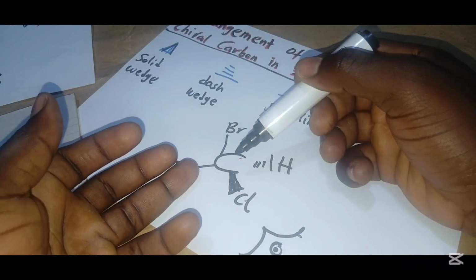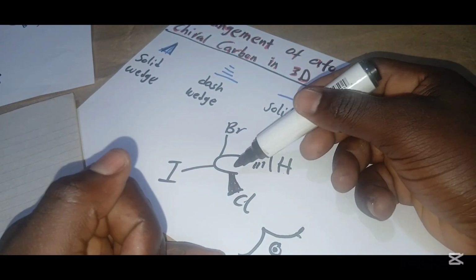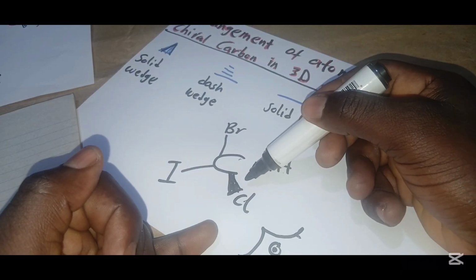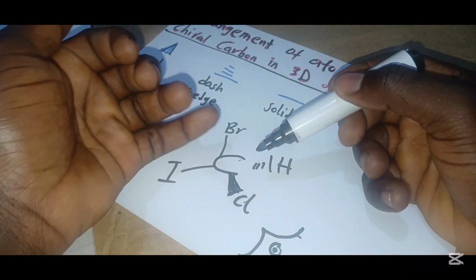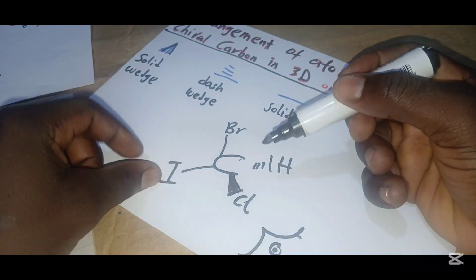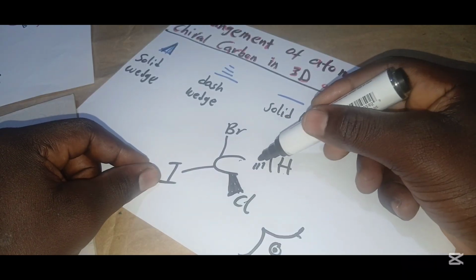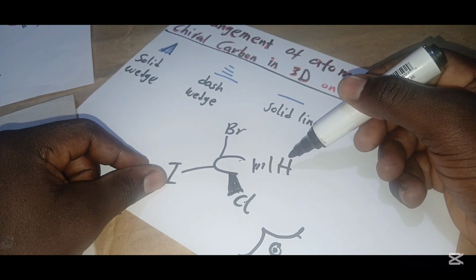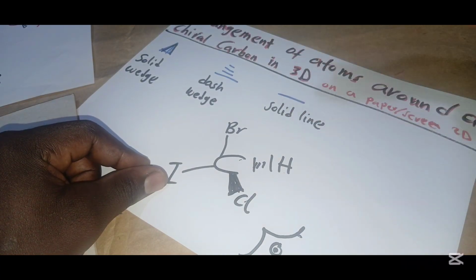The one pointing towards you, the observer, should be on the solid wedge. This one is out of the plane, pointing towards you. And the one on the dash wedge is pointing outward, like moving away from the plane.